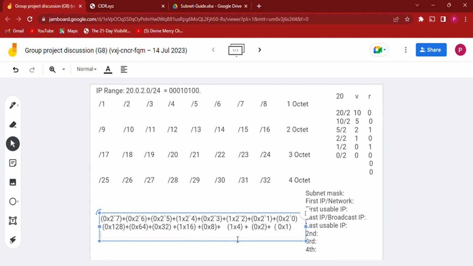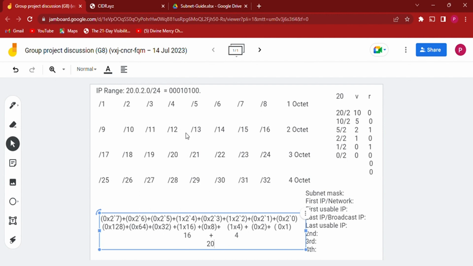So let's write that 4. This will give you 0. This will give you 16. This will give you 0, 0, 0 again. So 16 plus 4, you get your 20.